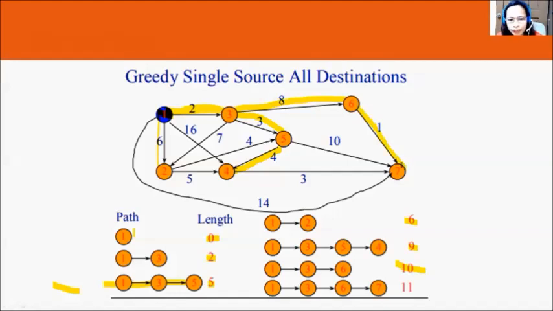So 2 plus 8 is 10, plus 1, we will have 11. Okay, so this is the greedy single source all destinations. Again, we only consider the path from vertex 1 to vertex 7.